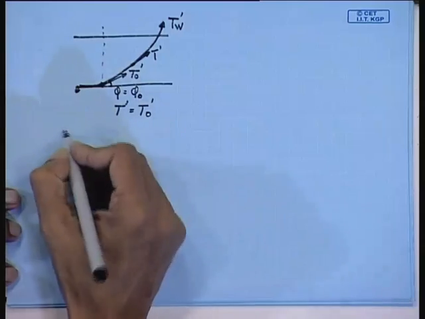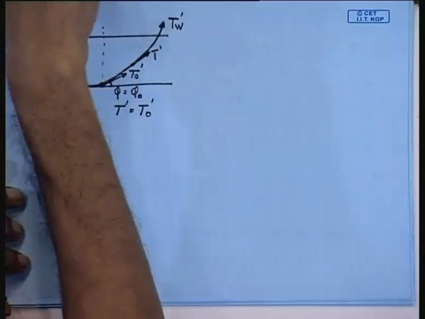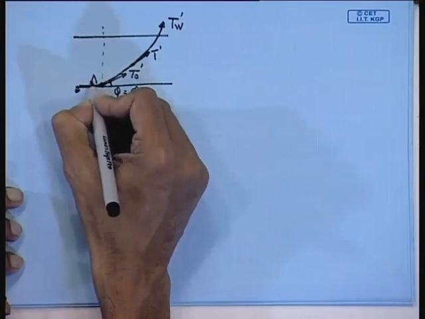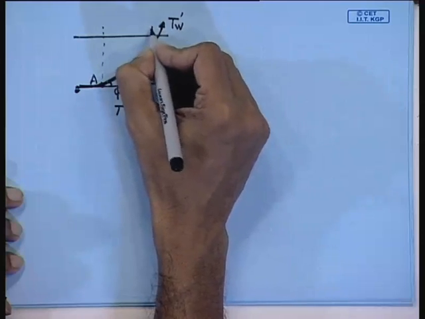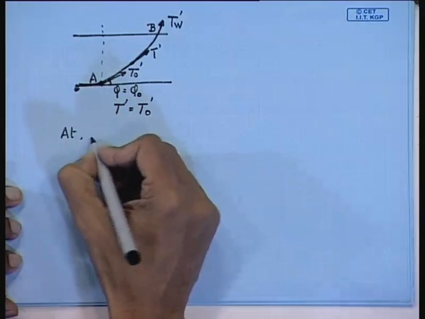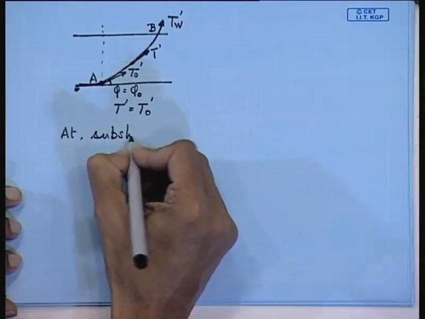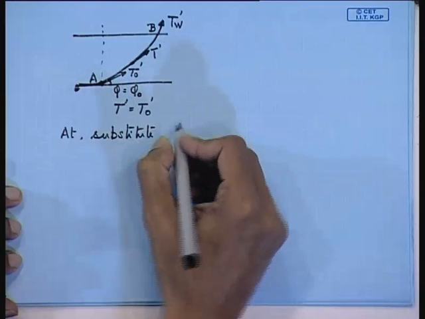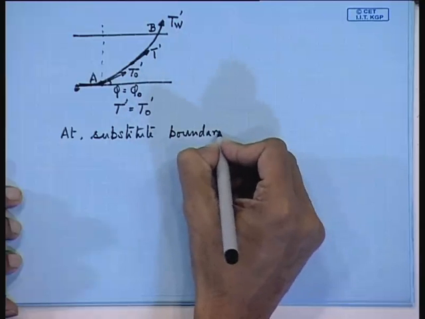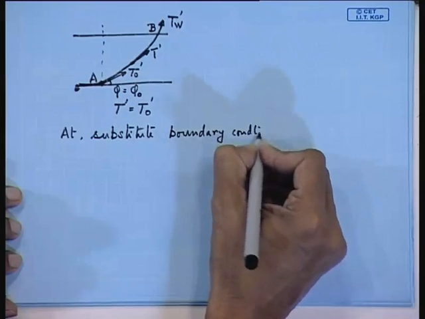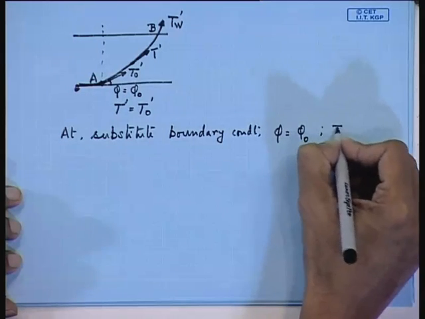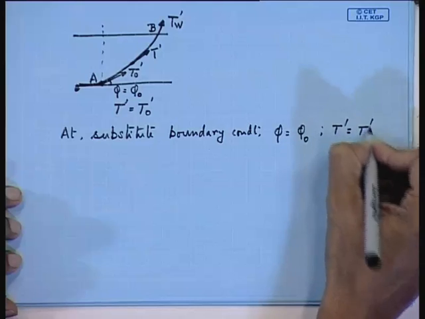The equation we have got is log T'. Let us say this is at A, and this is at point B. At A you substitute the boundary conditions: phi equal to phi naught, and T' equal to T' naught.